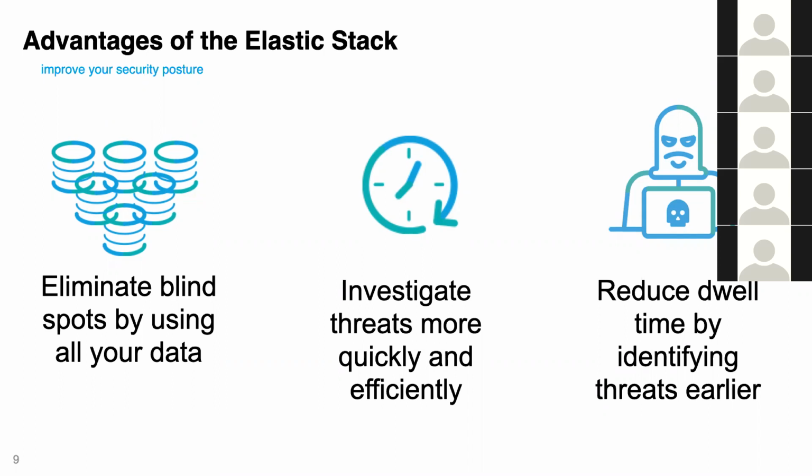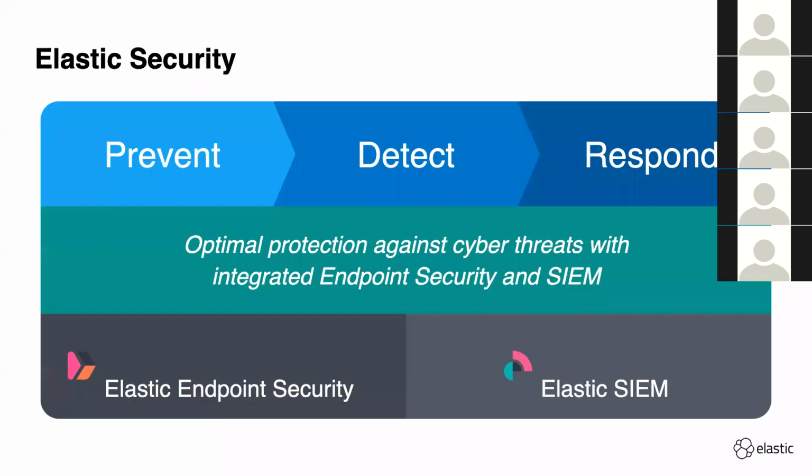And also reduce dwell time by alerting on potential threats earlier in the kill chain using relationship analytics and machine learning. Now let's jump to Elastic Security. Today we have two solutions that have just started to come together to enable better protection, detection, and response to threats.